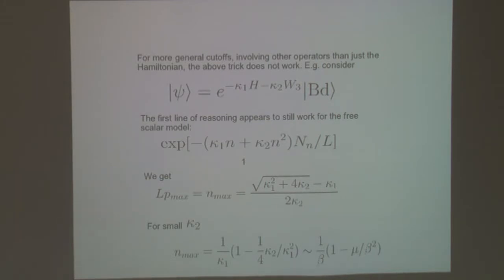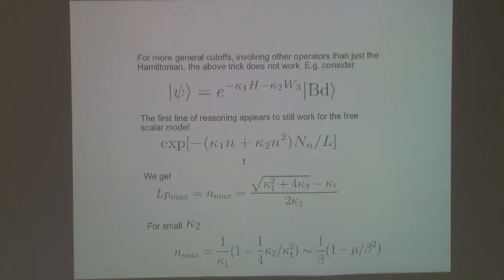Here I am just trying to say that the first line of reasoning, which tried to find some cutoff of the momentum, the UV cutoff of the momentum, can still work. This is the momentum cutoff that you get in terms of kappa 1, kappa 2.